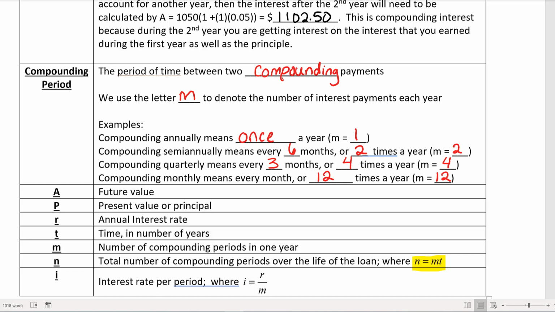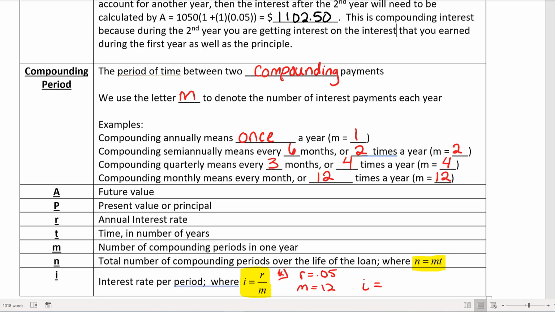The interest rate for the year is R, but if you take that interest rate for the year and divide it by however many months are in a year, you get the interest rate per period. So if you have an interest rate of 5% over the whole year, that would mean R is equal to 5%, okay? But you're compounding monthly. To get the I, this is just an example, okay?